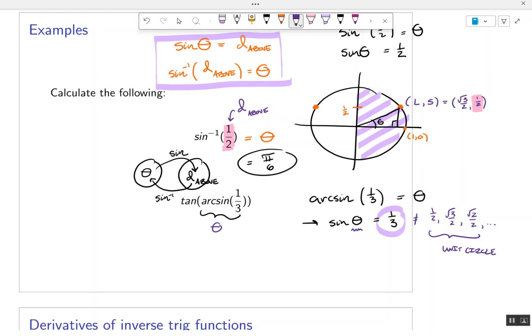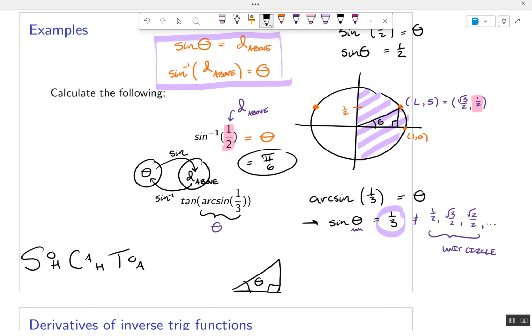And so this is kind of a really nice and helpful trick. What we can do is draw a right triangle, and we label this guy theta. So we know that sine of that angle measure is 1/3. Probably you remember SOH CAH TOA. This is a way to quickly remember our right triangle trigonometry.